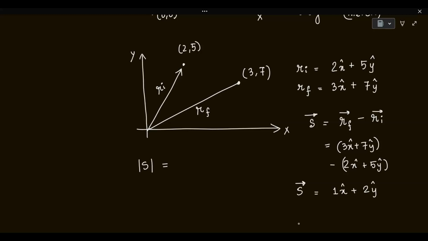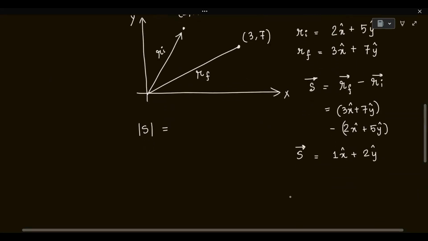But do you know what the magnitude of a vector is, everyone? Yes, sir. Okay. So basic knowledge, a vector quantity is something that has both magnitude as well as direction. Well, here the x cap and y cap are already indicating the direction. What is the magnitude? How do you find out the magnitude of displacement?